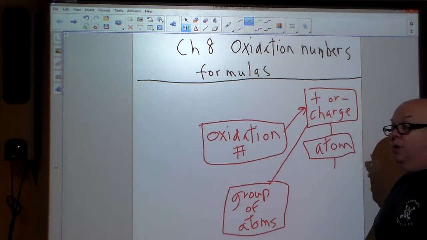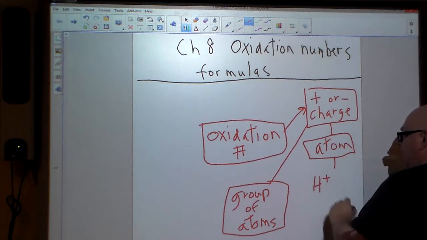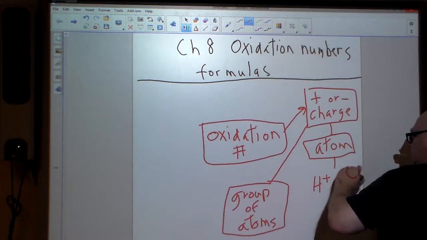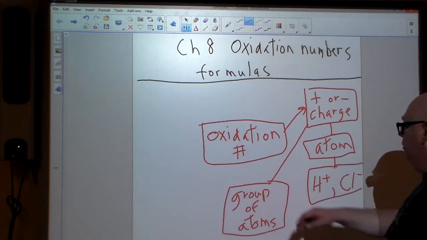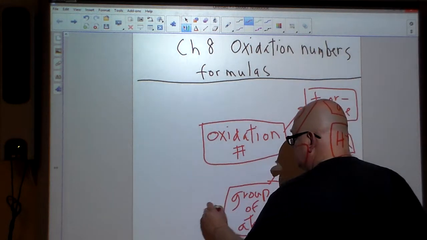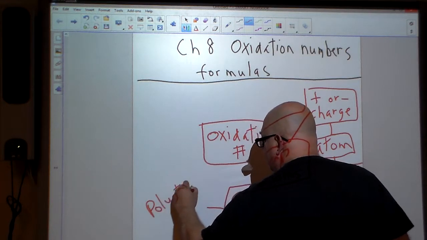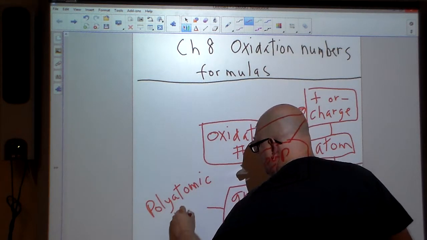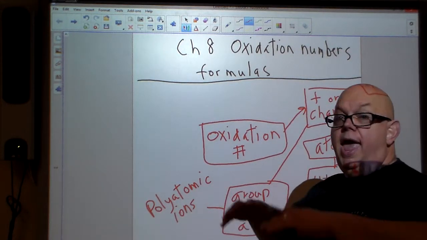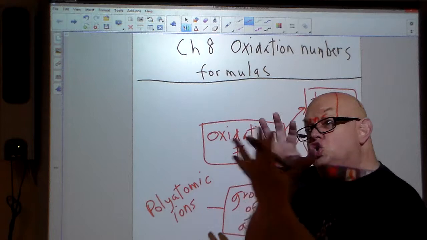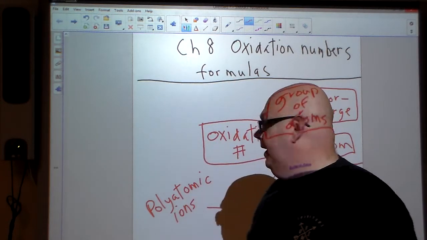So an example, what do I mean by that? Well, here's hydrogen and here's chlorine. When we look at a group of atoms, we call them polyatomic ions. So in other words, it's a group of atoms together, and you take all their individual charges and squeeze them together to get one final charge, because that's the whole thing.